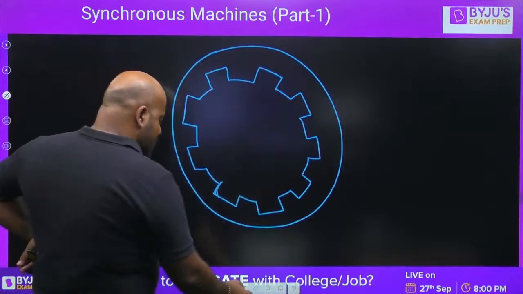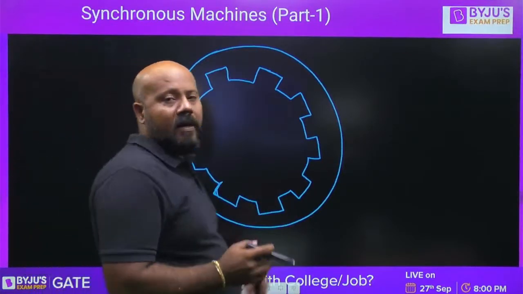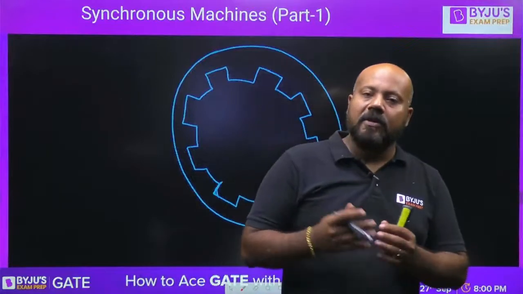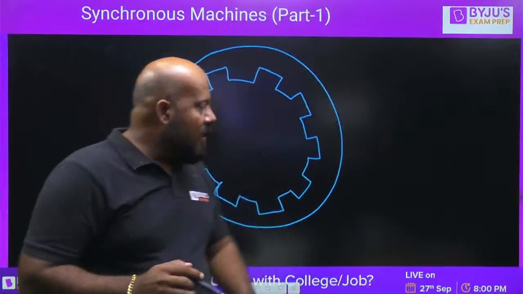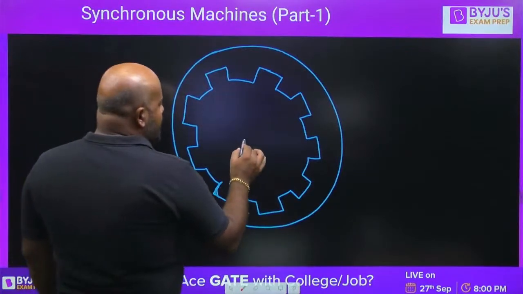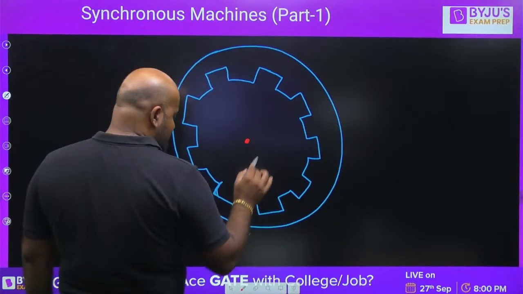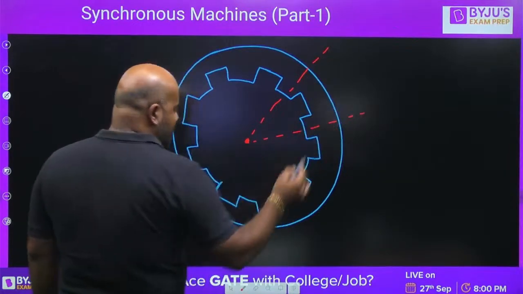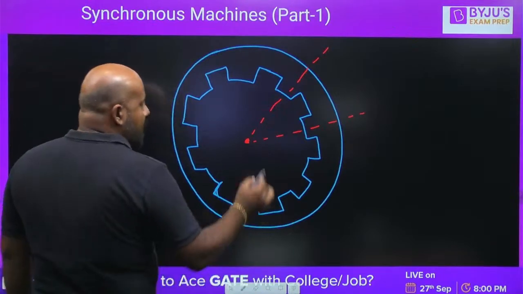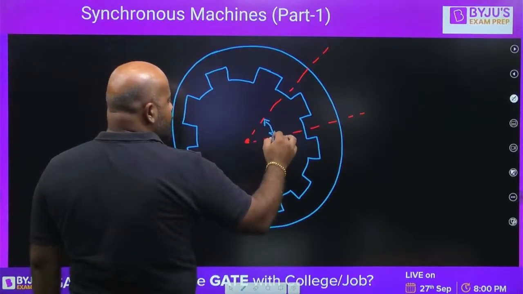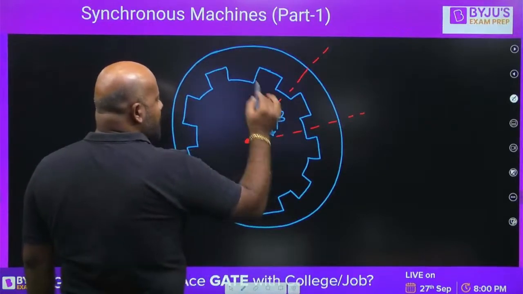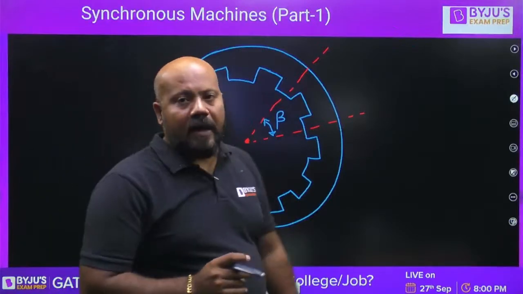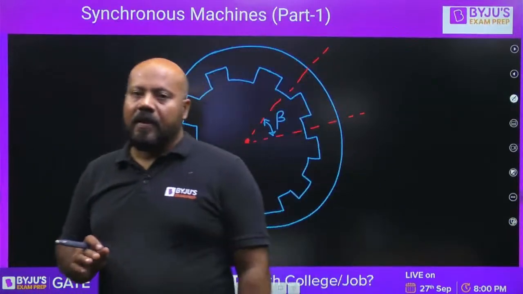This is the stator of the synchronous machine or synchronous generator, where slots are provided, where windings can be placed. When I say slot angle, it is the angle subtended by the adjacent slot. This angle we define as beta. Is it clear, everybody?